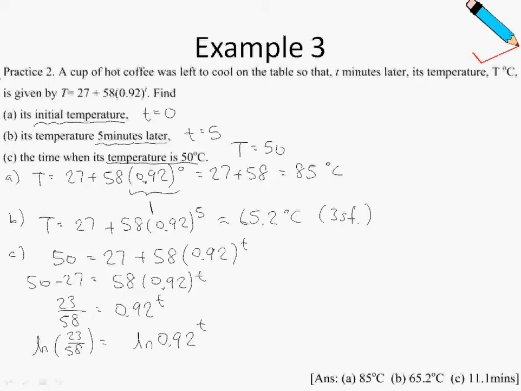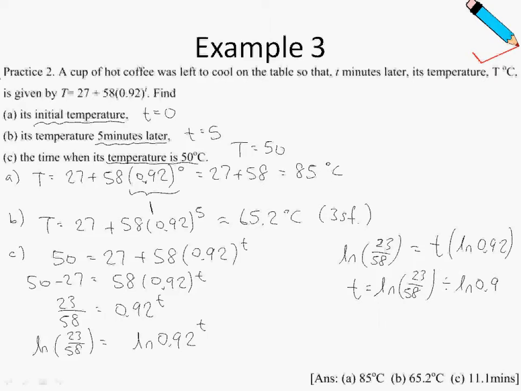Take note that this power t can be brought down. So ln of 23 over 58 is equal to t times ln 0.92. Finally, to solve for t, it is ln of 23/58 divided by ln of 0.92. If I round this off, I'll get 11.1 minutes.